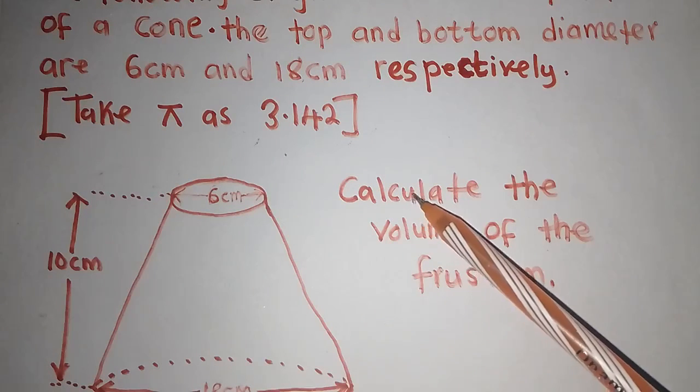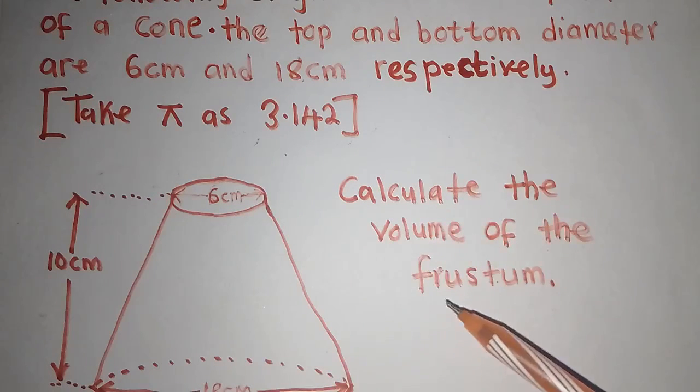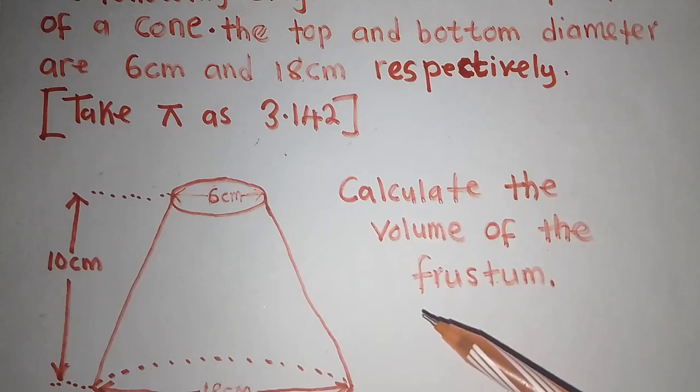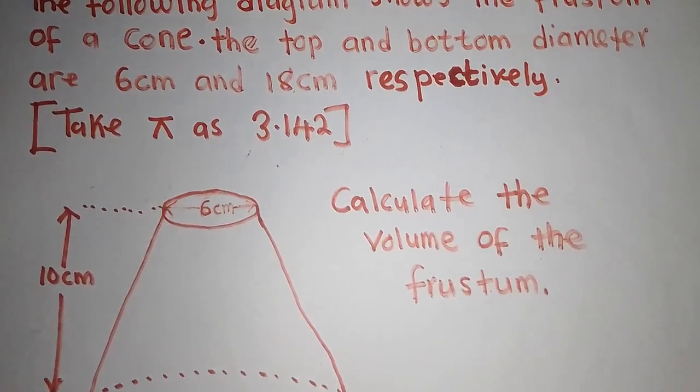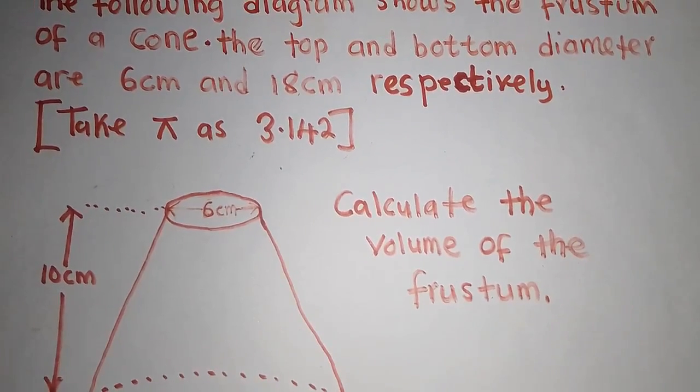Then the question says calculate the volume of the frustum. How can we calculate the volume of a frustum? If I was to complete this cone, this is the first thing that should come to your mind.